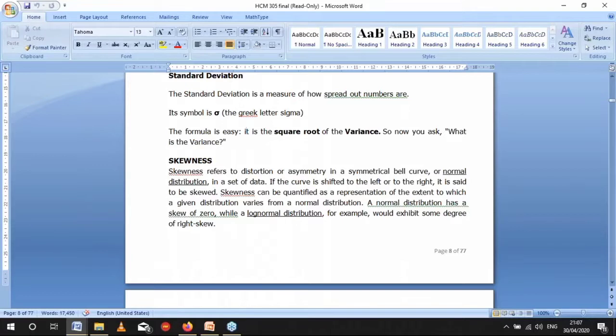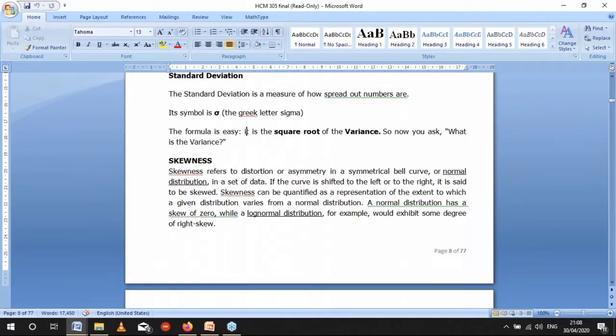We have the ANOVA test. We have the Kruskal-Wallis test. We have the Friedman test. We have the correlation test. All these are examples of parametric statistics.